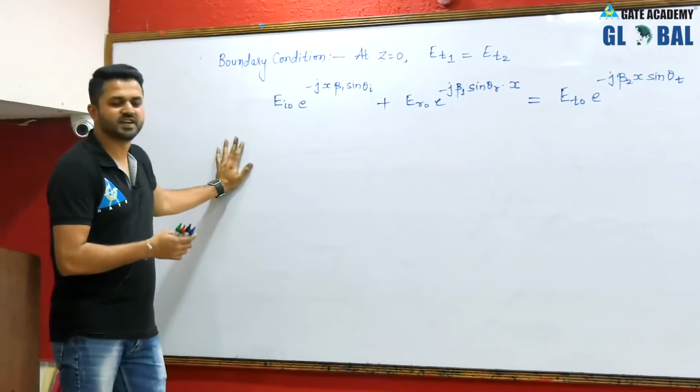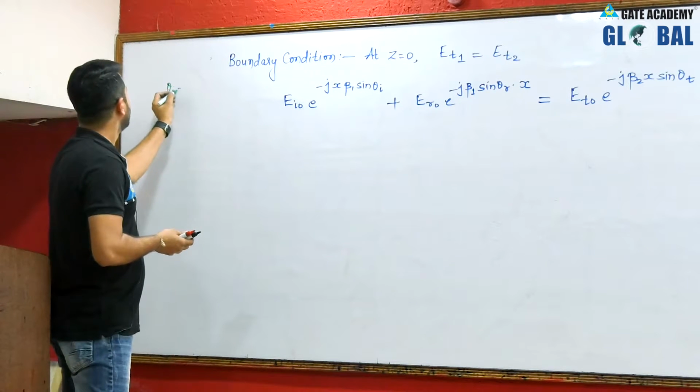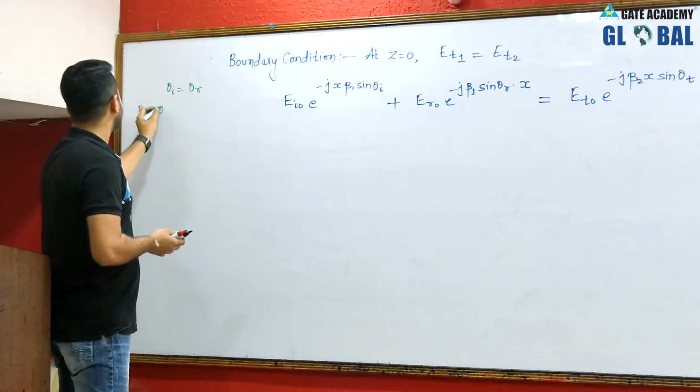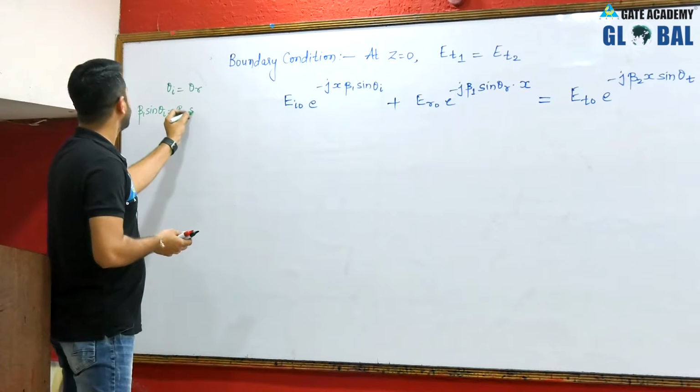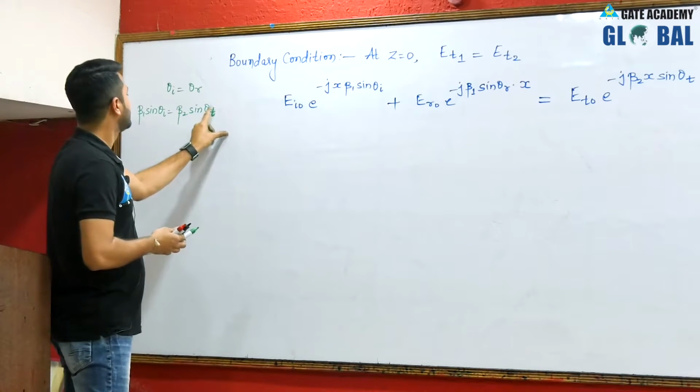Now after this, the equation is very simple. We have to apply these two relations, theta I is equal to theta r, and also beta 1 sin theta I is equal to beta 2 sin theta t. This we have to apply.